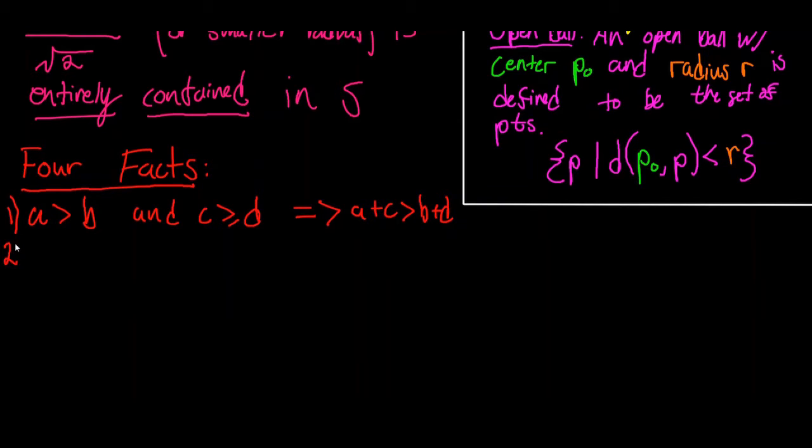Our second fact might seem obvious, but it's worth noting because I'm going to be using it a lot. The absolute value of A is greater than or equal to A for any real number A. And moreover, the absolute value of A minus B, which is equal to the absolute value of B minus A, is greater than or equal to A minus B. This is a fact I've also talked about in previous videos.